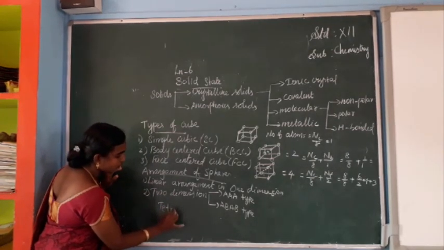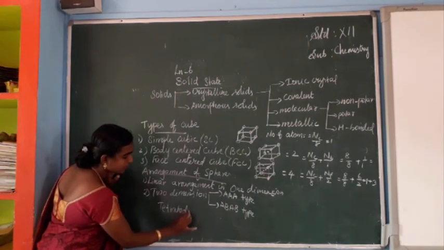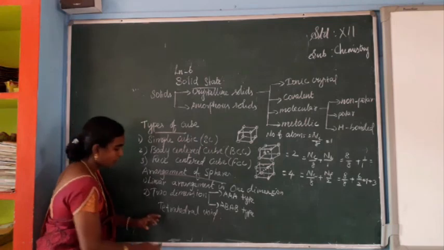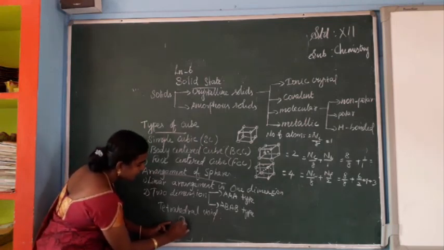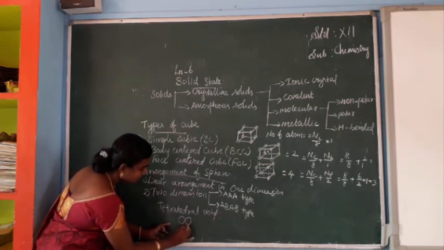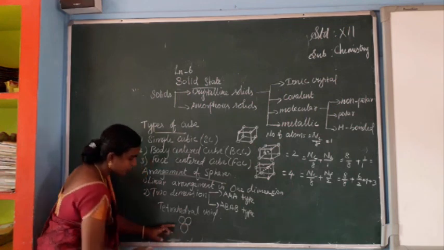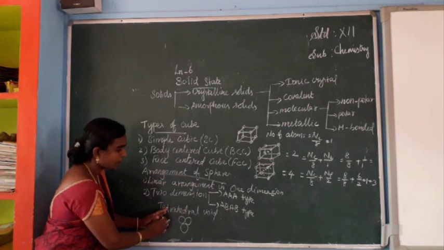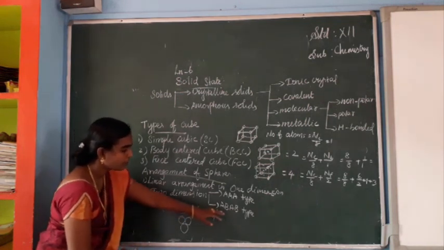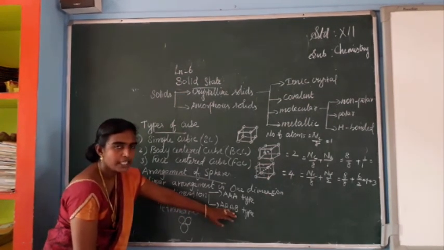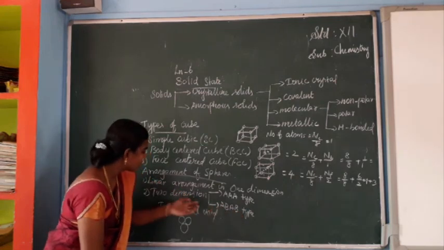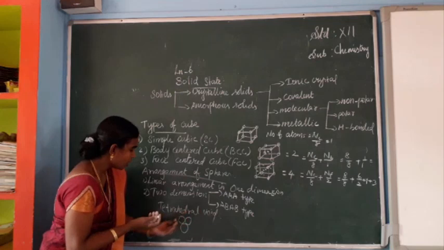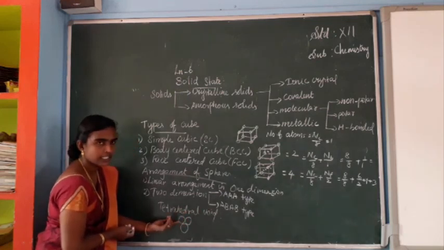In the case of tetrahedral void, consider three spheres like this. This type of tetrahedral void is possible when this AB type two-dimensional arrangement is taken in three dimensions.